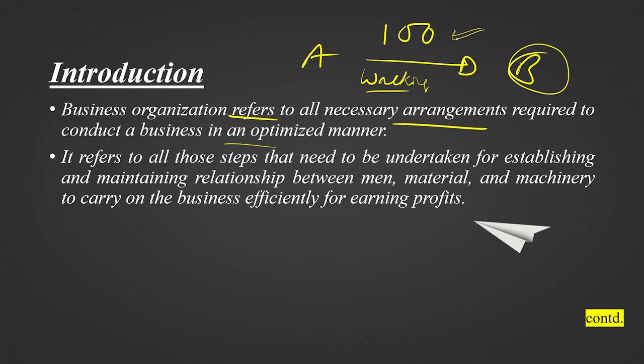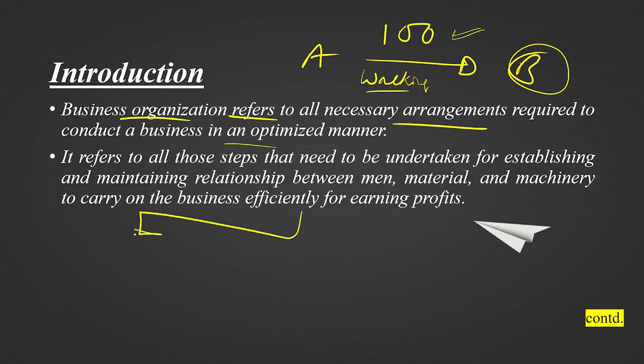But if I tell you it is 100 meters, you will obviously walk. So it depends on what the requirement is, you must plan it. Same way, business organization also depends on what you are going to do. Based on that, you should decide which is the proper organization for you. Okay? So it refers to all the steps that you need to take for establishing and maintaining the business.